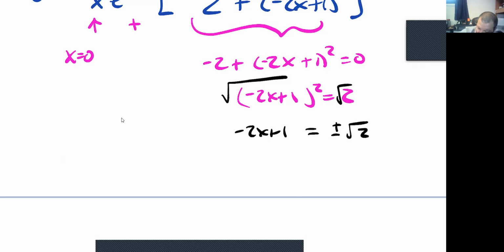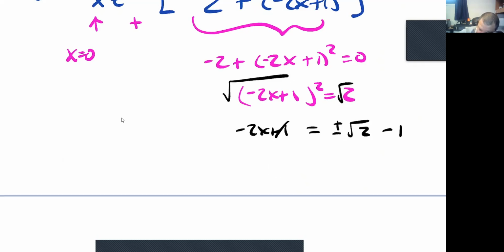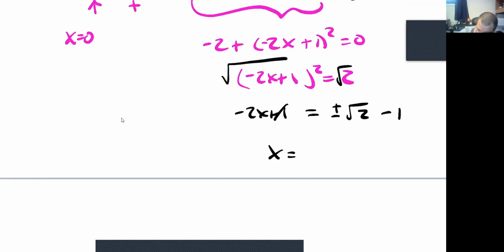So I can subtract the 1, divide by negative 2. So x is equal to negative plus or minus radical 2 minus 1, all over 2. And I could rewrite that a little bit more.